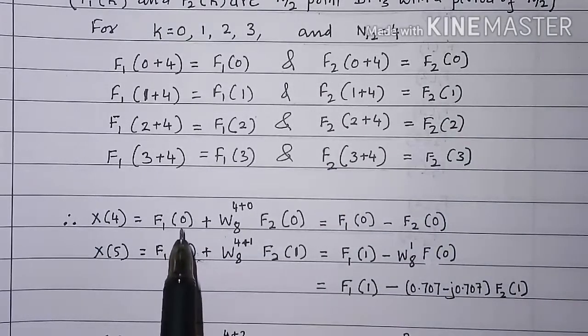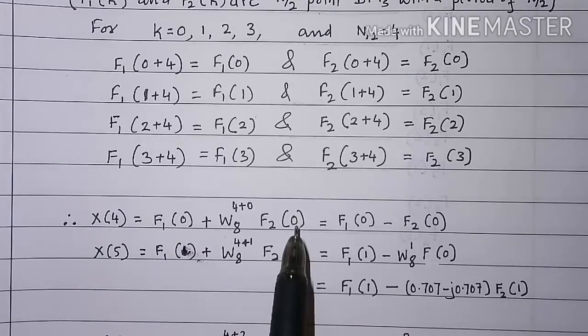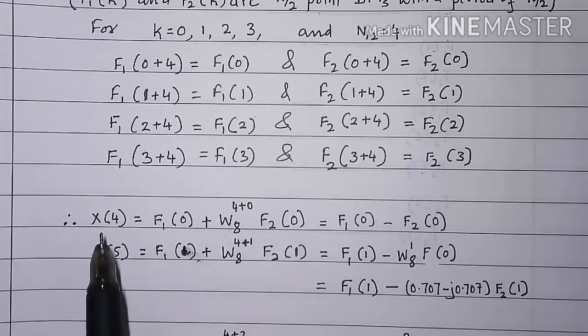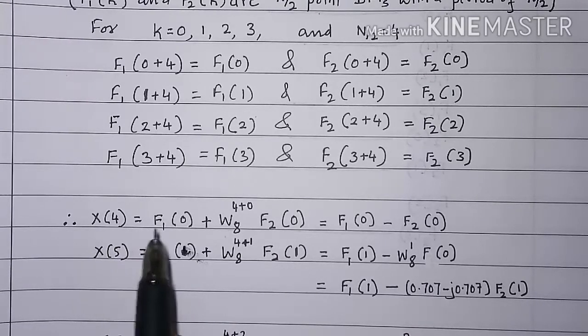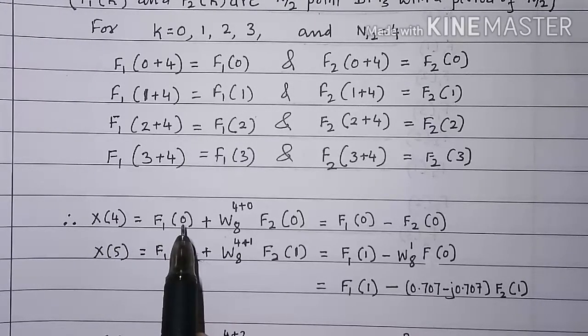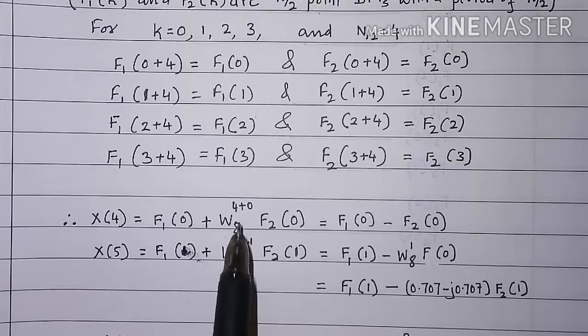We will substitute that value here. So X of 4 is equal to F1 of 0 plus W8 raised to k. K is 4. That means I can write it as W8 raised to 4 into F2 of 0.